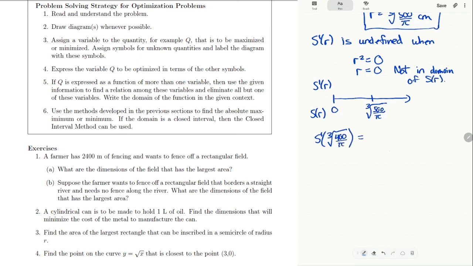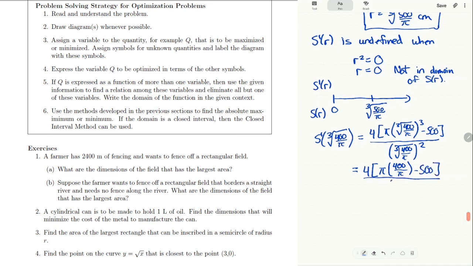If we substitute this into the first derivative, we get 4 times pi times the cube root of 400 over pi, cubed, minus 500, all over the cube root of 400 over pi, squared.